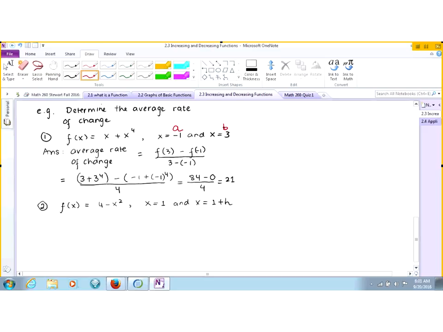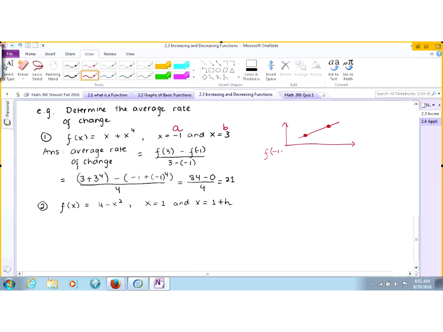Or actually, it doesn't matter, right? Okay, so think about this. What is average rate of change? It's slope. So if your line looks like this, does it matter which one you call the first point and which one you call the second point? No, it doesn't. So here I call A the smallest one, B the larger one, but it actually doesn't matter if you want to find the slope.